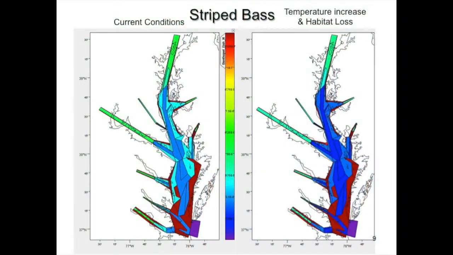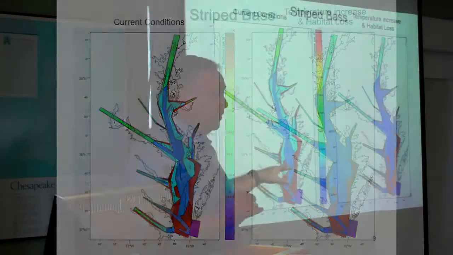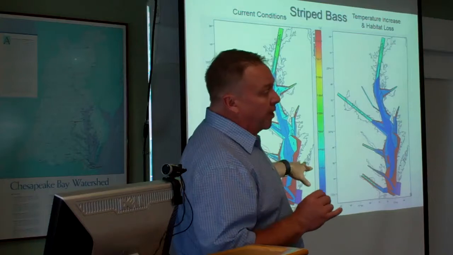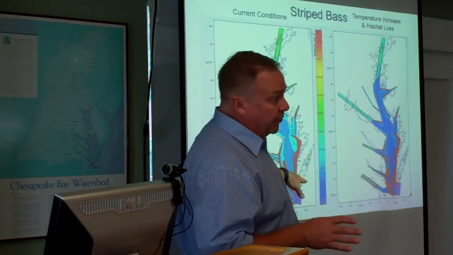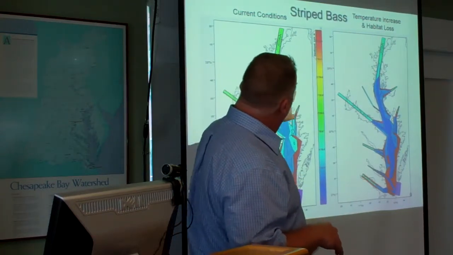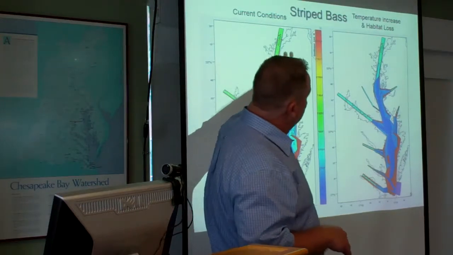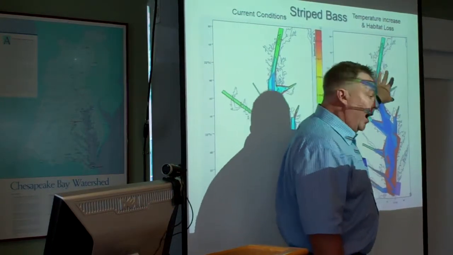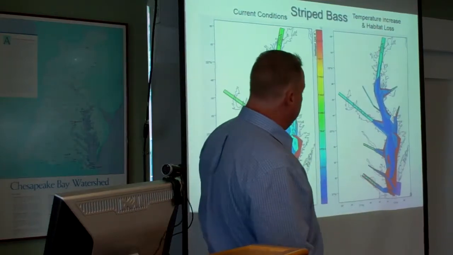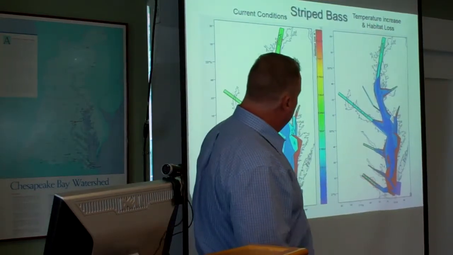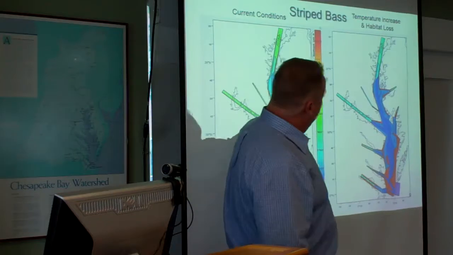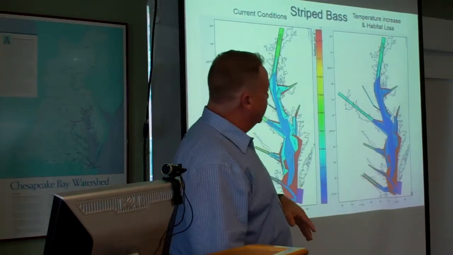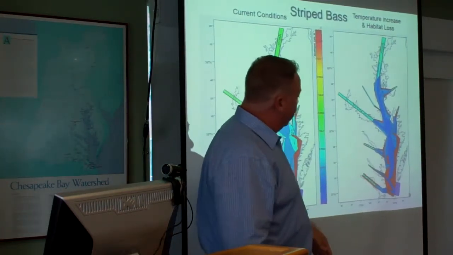Another way of looking at output is in a point in time. This is a point 50 years in the future for striped bass populations on July 1st. The comparison is between our current conditions and conditions under temperature increase and habitat loss of both SAV and marsh habitat. Both panels share the color scale here.